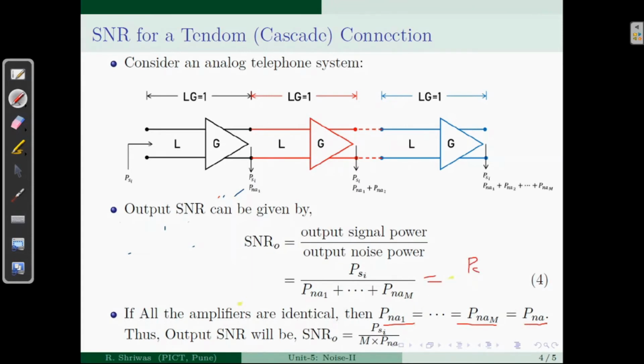The numerator is PSI, and the denominator, since we are adding the internal noise M times, should be M times PNA. So this output signal to noise ratio is nothing but the input signal power divided by the factor M multiplied with the internal noise of one amplifier, if all the amplifiers are identical.